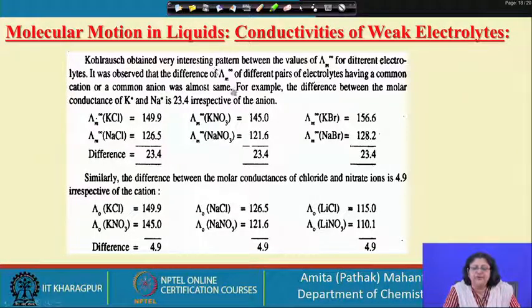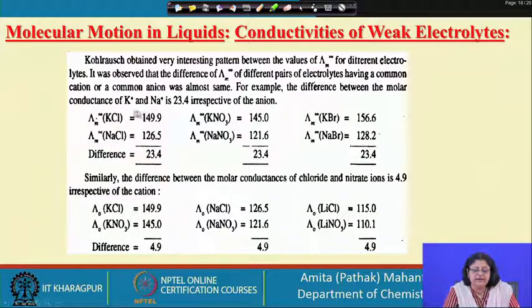Observe the value of this, lambda infinity. Infinity also means infinite dilution, so it is sometimes written as infinity or as naught. Different pairs of electrolytes with common cations or common anions give almost the same difference. For example, the difference between the molar conductance of potassium and sodium is 23 irrespective of the anion.